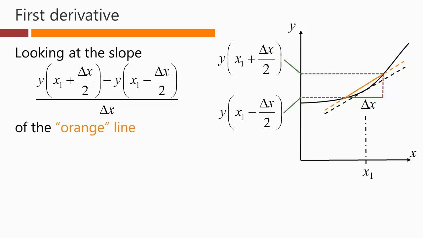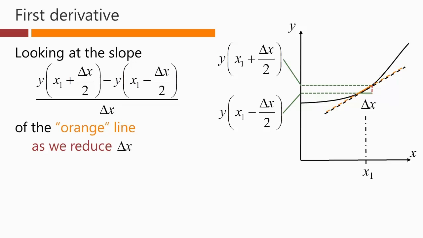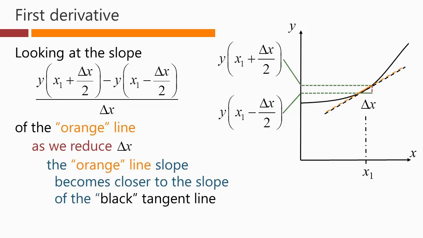Now, let's look at what happens as we reduce the size of delta x. We've reduced the size of delta x here, and you can see that the orange line, the upper one of this pair, is getting closer and closer to the black line. And we're saying, therefore, that the slope of this orange line is becoming closer to the slope of the black tangent line.